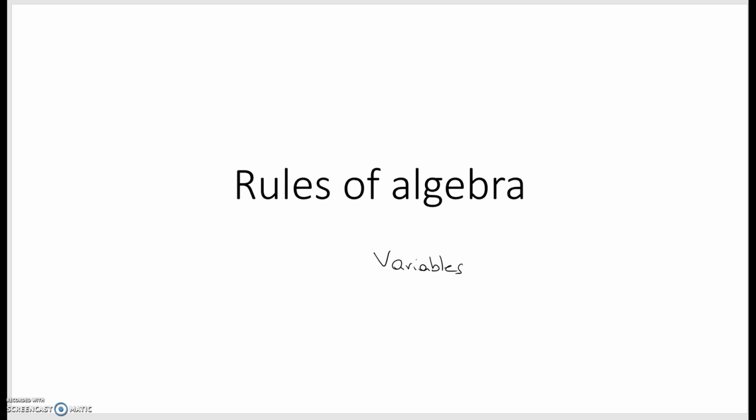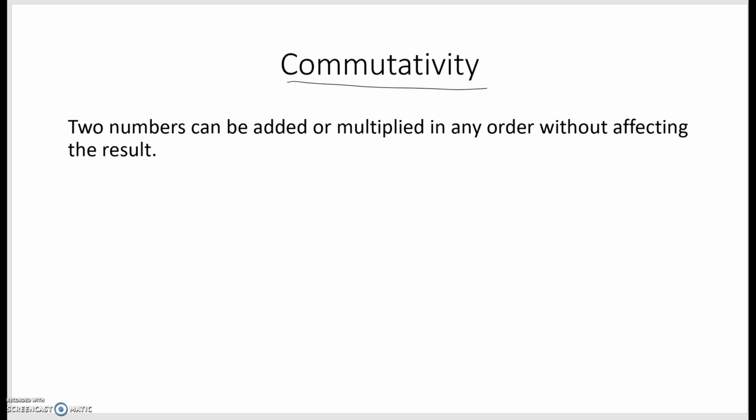Now, a variable is just a letter, or it might even be a symbol. It's just what we're using in place of a number, so the rules that work for numbers also work for these things, variables. Okay, let's look at commutativity.